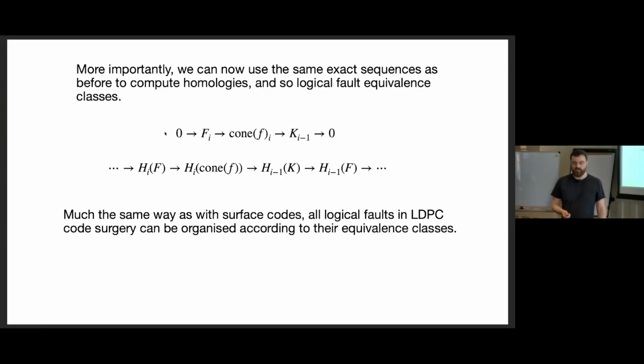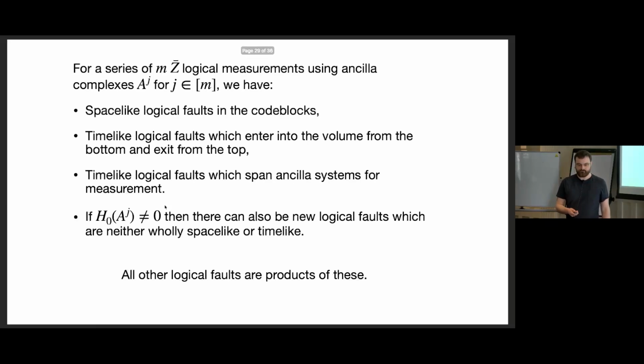And happily, I can use basically the same techniques I was using right at the start with the deformed code, where I make a short exact sequence of chain complexes, and then look at the long exact sequence of homologies. And so I can organize all of the logical faults in some LDPC code surgery protocol involving many surgeries according to their equivalence classes in terms of homology.